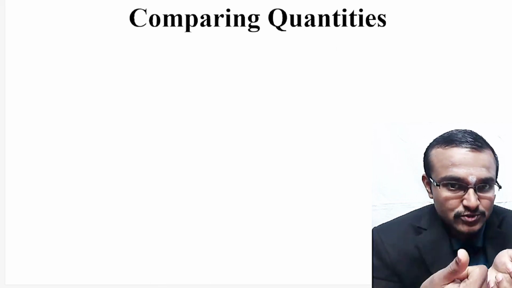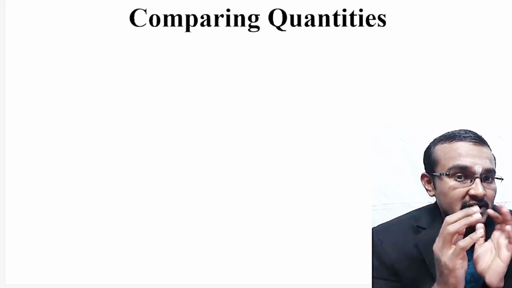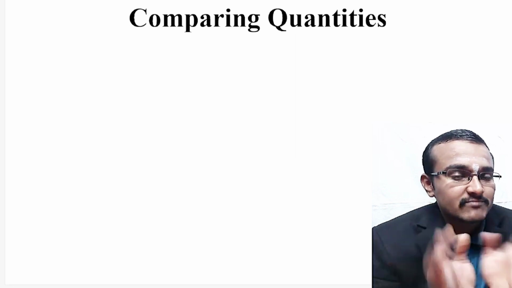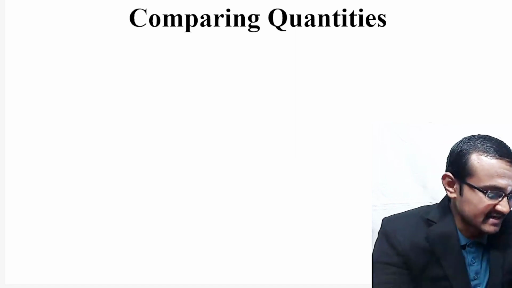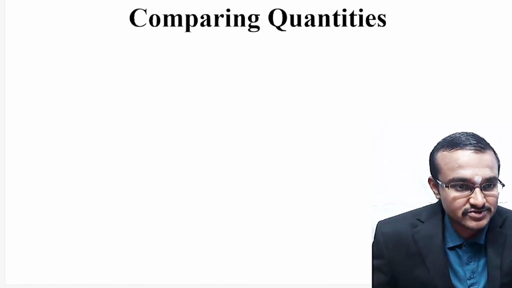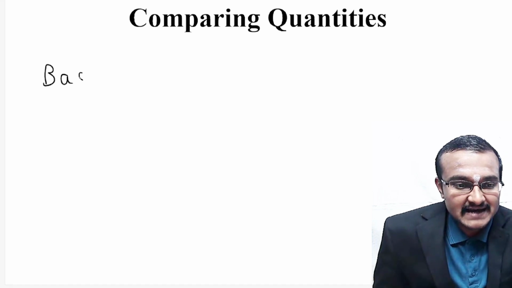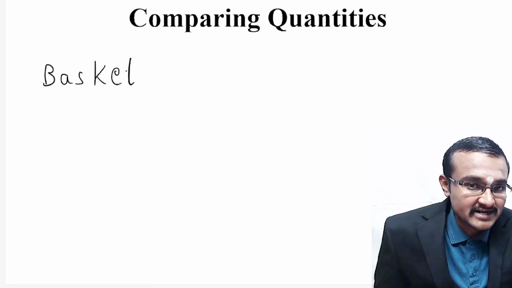Like you will take a ratio, or you will calculate the percentage of oranges and percentage of apples in the total number of fruits. So let me take an example of apples and fruits itself. Let us say a basket has 25 fruits.